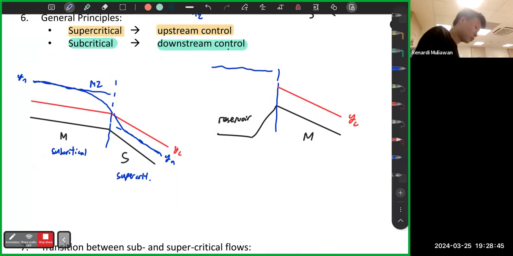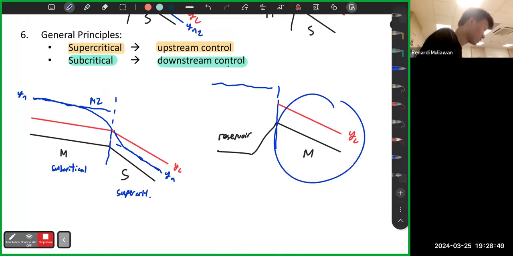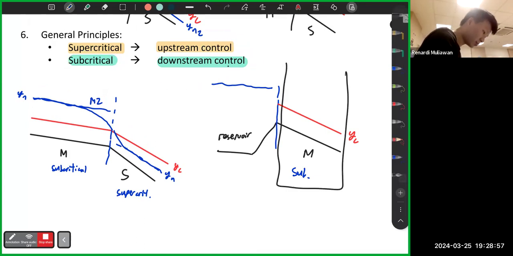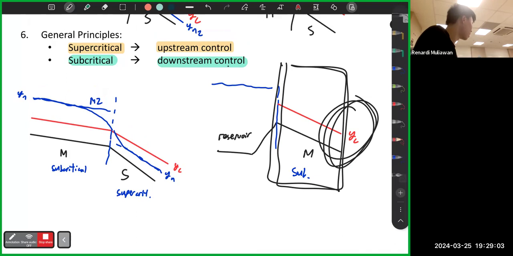Again, for mild slope, we are expecting the flow in this section to be subcritical. For subcritical flow, it's downstream control. So if you draw a box in here, we check what's happening downstream. Is there anything downstream? No. So if there's nothing downstream, then it doesn't care.